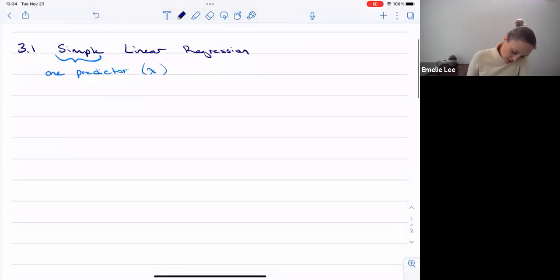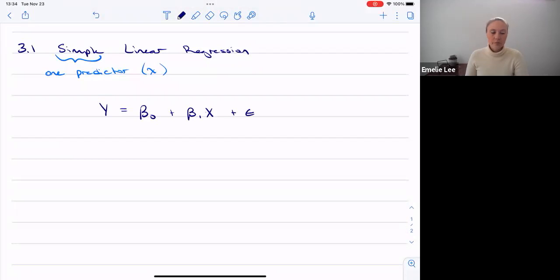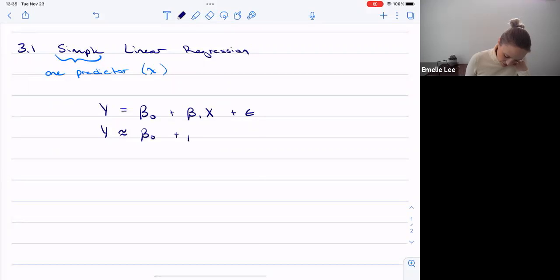So typically what we have is that y is, technically, equal to some beta naught plus beta 1 times x plus some error term. We've talked in general about some model f of x plus some error term, and that creates your y. But really what we're going to see is that y is roughly beta naught plus beta 1 x.